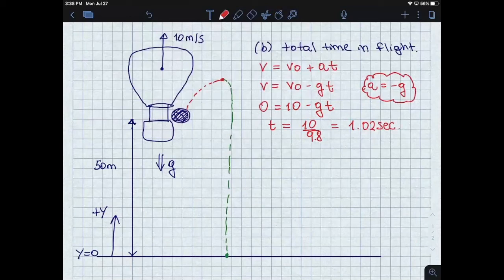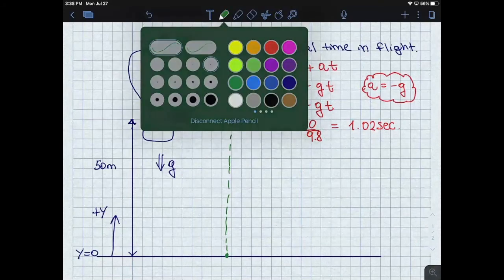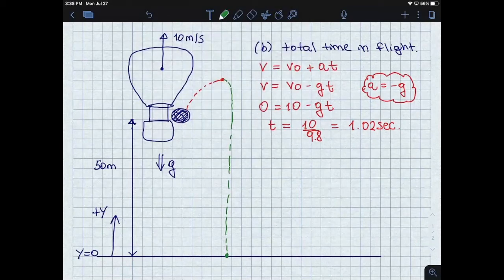To find the time for the green part, we will use another kinematic equation, which is v squared is equal to v naught squared plus 2a times y minus y naught, so v naught squared minus 2g times y minus y naught. v naught in green is the same as v in red, because the final velocity for the red motion is the same as the initial velocity for the green motion.